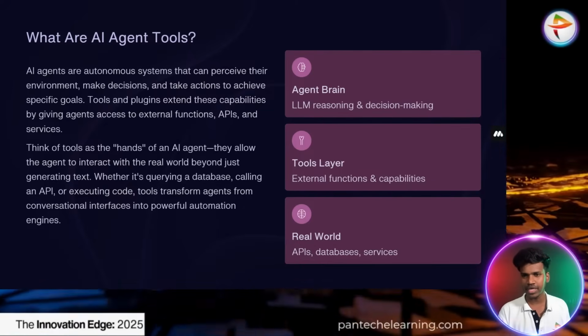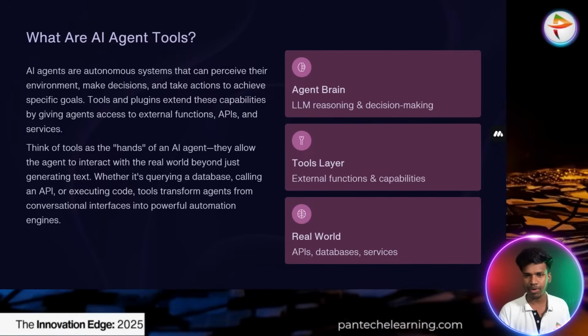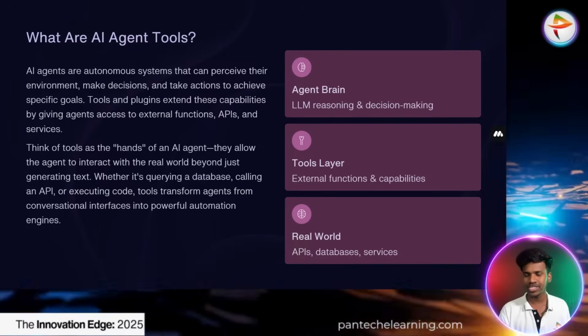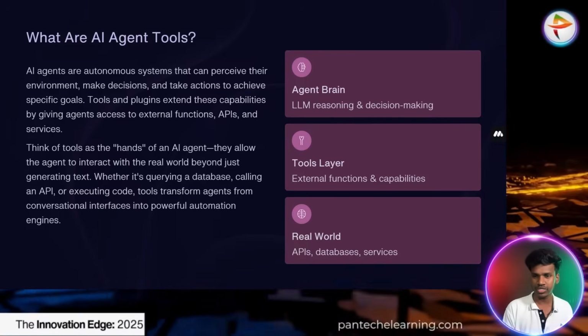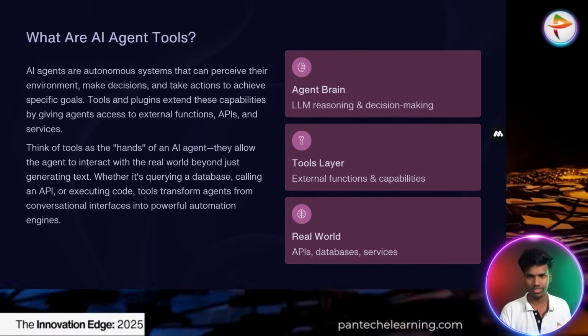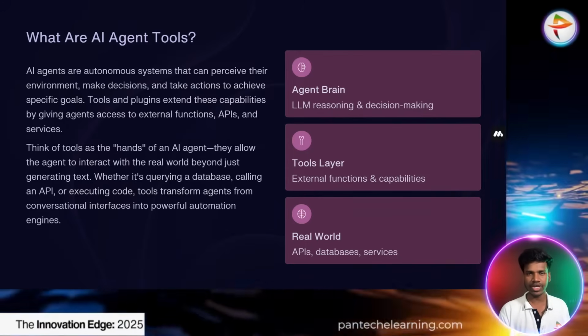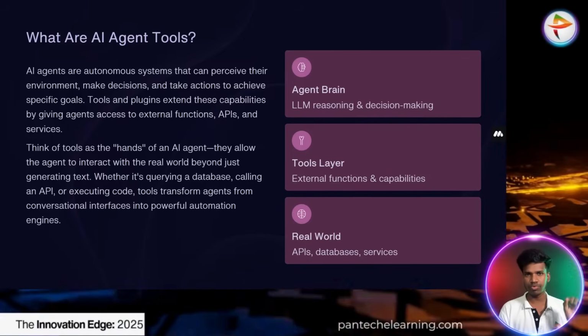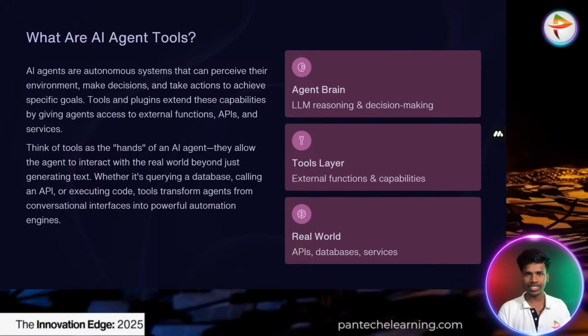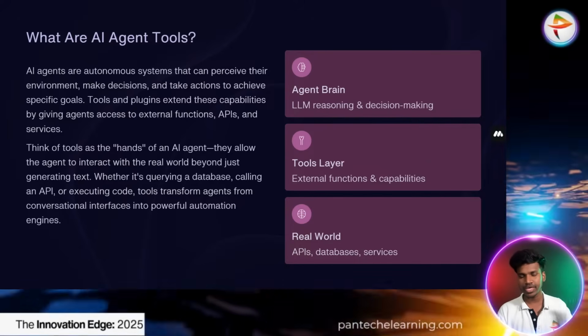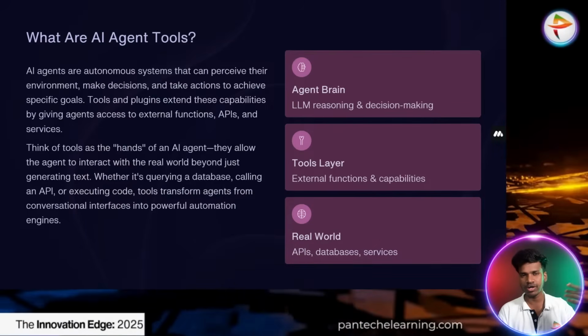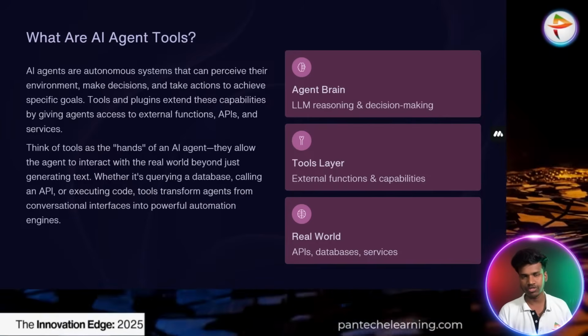Tools and plugins extend these capabilities by giving the agents access to external functions, APIs and services. If we want to connect with a database, we need a database store. If we want to access web data, we have to connect with an API key to the particular website.